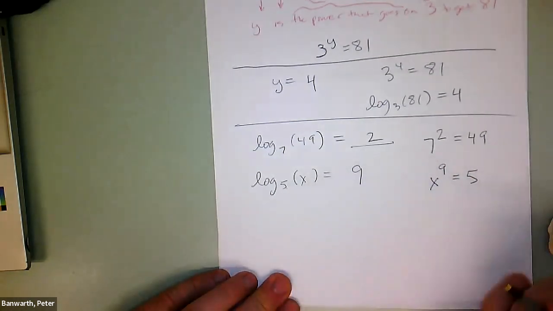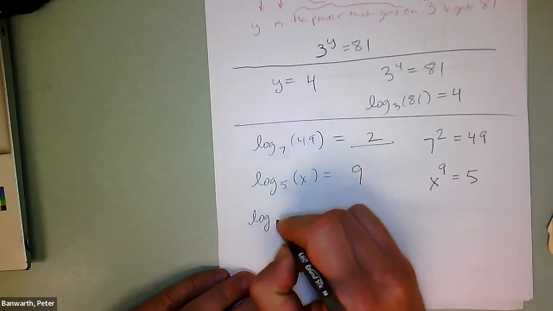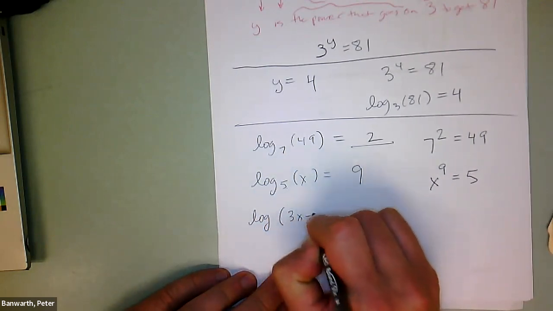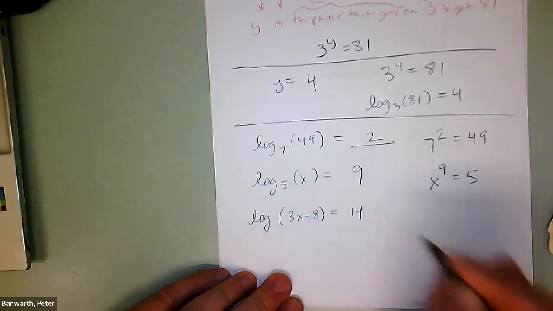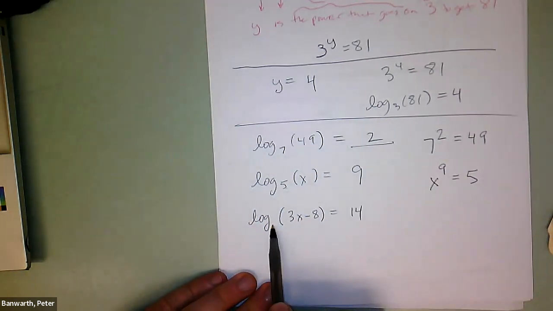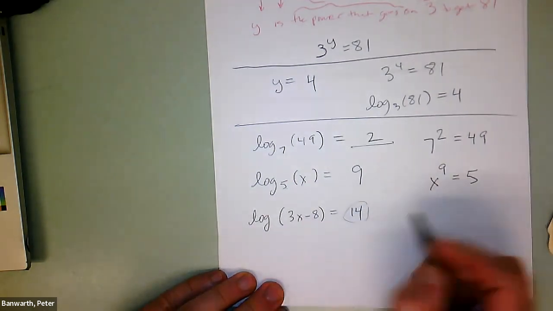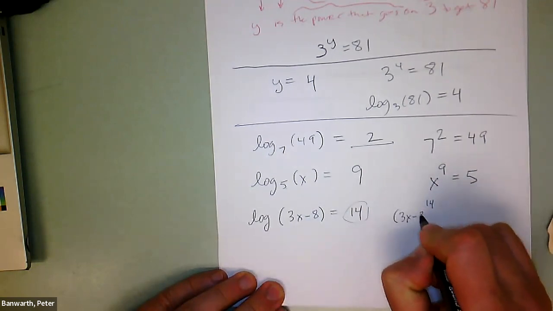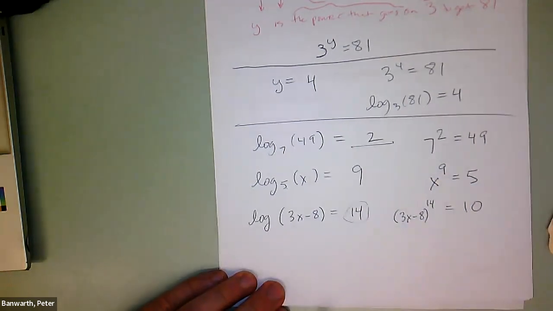We can do more complicated things. They don't have to be that simple. We can do log of 3x minus 8 equals 14. When you don't see any base, you assume that's 10. So this number here is the power that goes on 10 to get 3x minus 8.